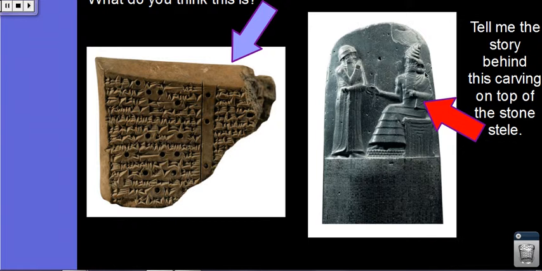Historians believe that this is one of the main gods for their region, and this god is passing down the right for Hammurabi to be the next king. Because if you remember, they believed that the kings were given the power to be a ruler because the gods said that they were worthy. Alright, let's go ahead and look at the next slide.